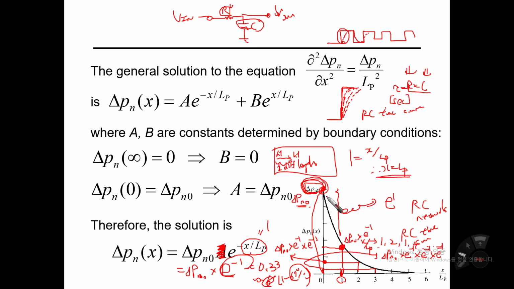In other words, the number of excess holes is now decreasing exponentially. So within just 3 or 5 diffusion lengths, the excess hole concentration has become almost zero.